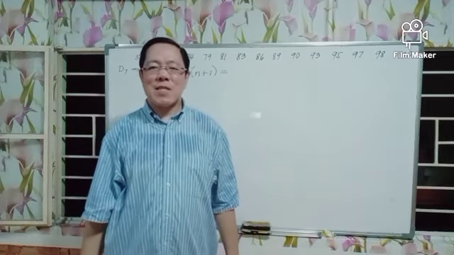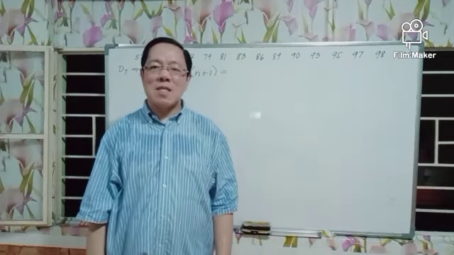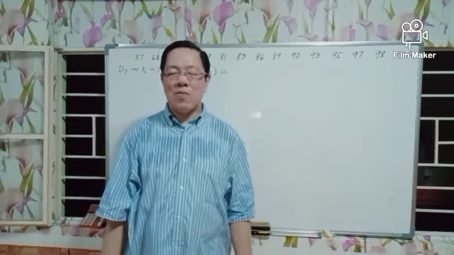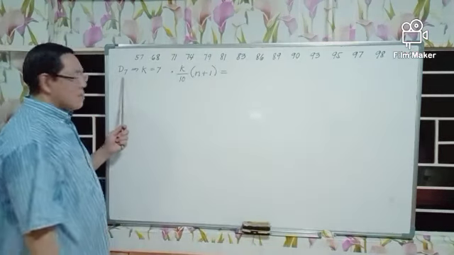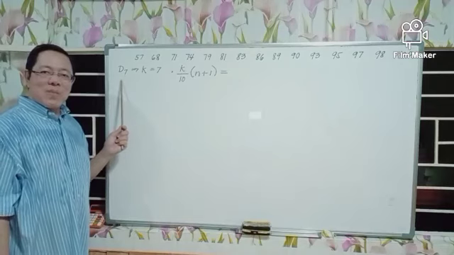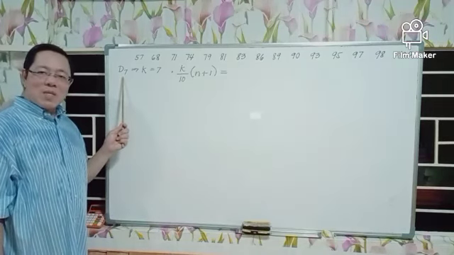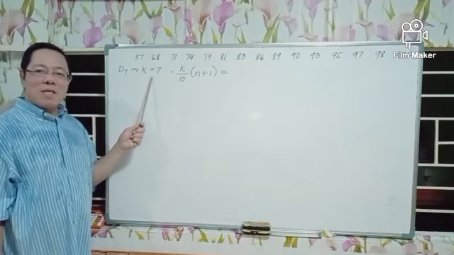We take another example. We now find the 7th decile for the same set of data. The 7th decile is denoted by d sub 7, and for the 7th decile, we take the value of k as 7.